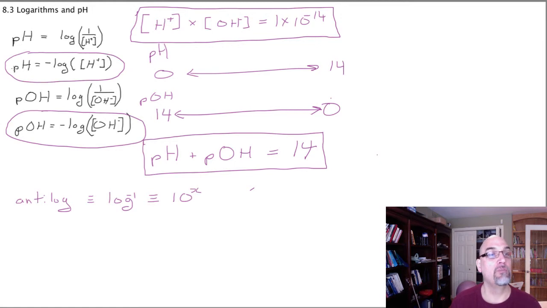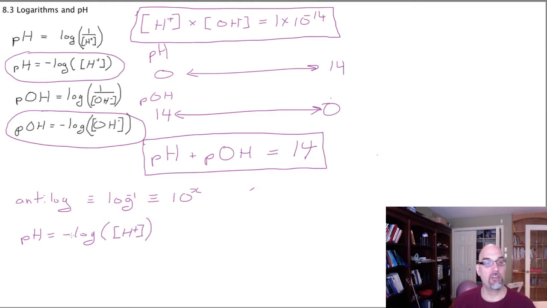So I know that the pH is equal to the negative of the log of the H, which means that if I have the pH, I can calculate H. And I just do that by reversing all those steps. So let's say I have pH is equal to the negative of the log of the molar concentration of hydrogen ions.